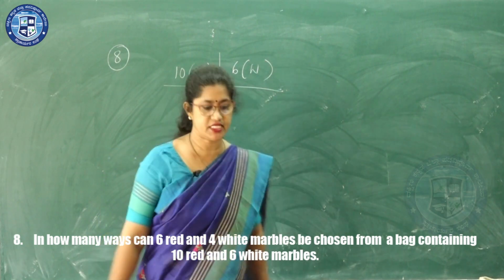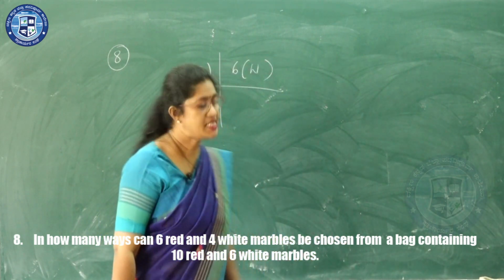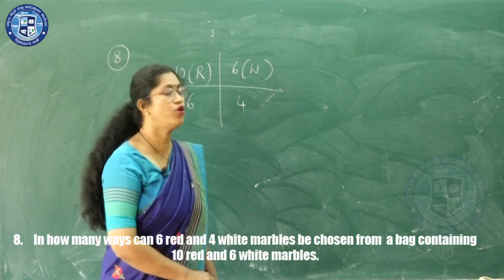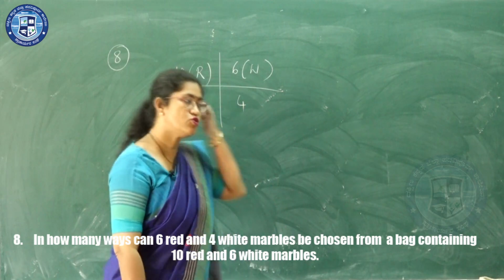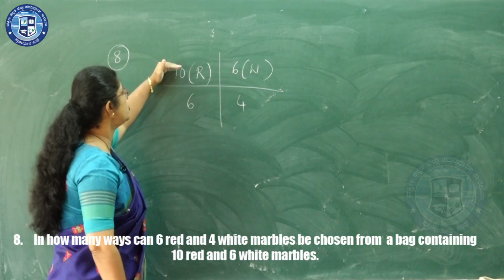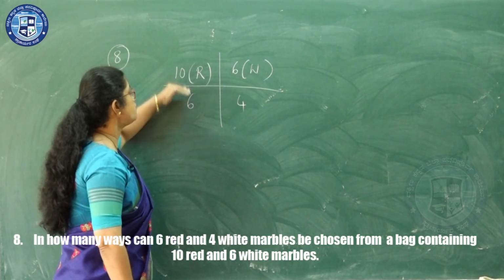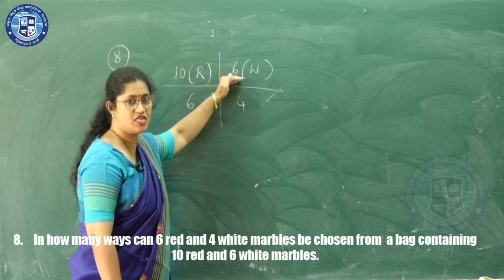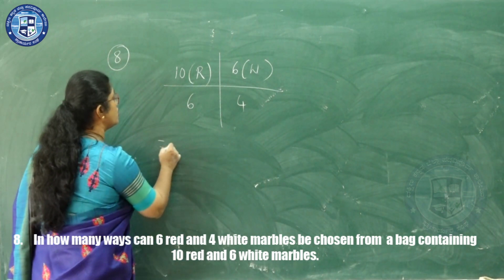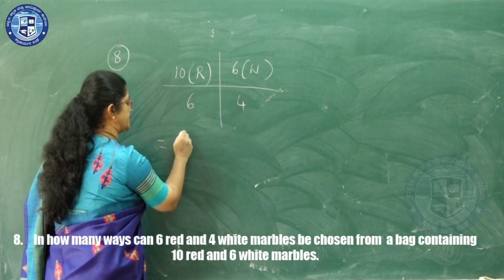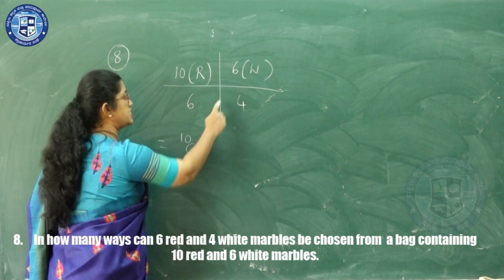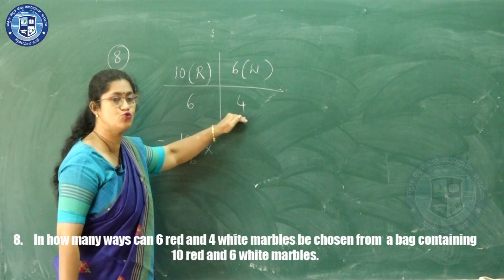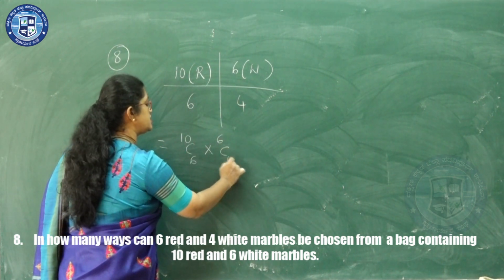The question is, you have to choose 6 red marbles and 4 white marbles. So here we are asked to find how to choose 6 from 10 and 4 from 6. So different ways of choosing. From 10 choose 6, 10C6, and means into, from 6 choose 4, so 6C4.